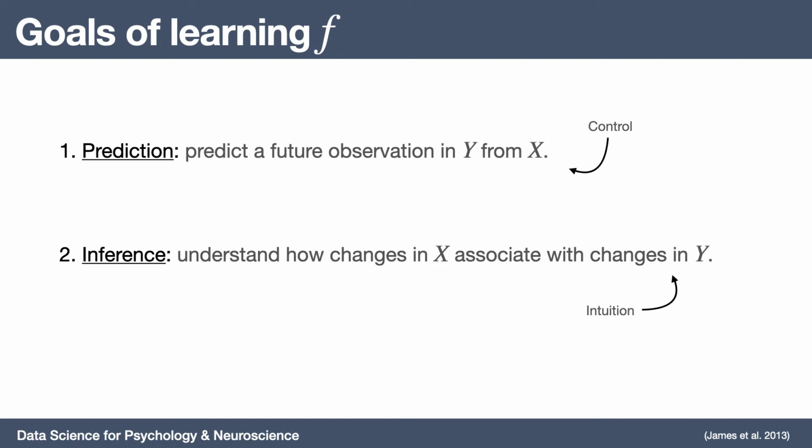But usually when we approach the problem of a statistical model, we're focusing on one or the other. Are we gaining an intuition of the nature of the relationship between x and y, or are we trying to find the best way to predict future y? And keep these two goals in mind as we go over more and more complicated statistical tools.